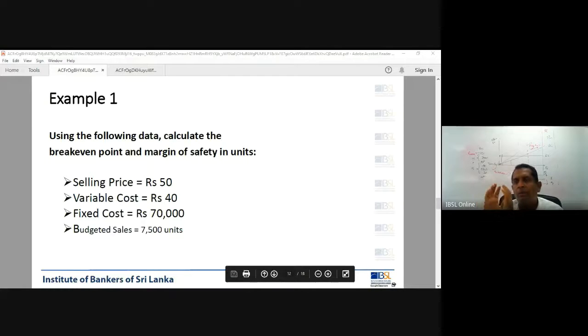This is nothing to do with cash flow. We are theoretically calculating how many units we need to sell to get rid of losses, right? So we take the sales, whether it is credit sales or cash sales, we take sales.